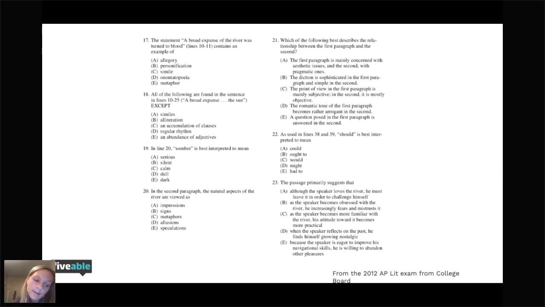And then 23 is a very vague question. These pop up a lot on the exam because it refers to the entire passage, which means you have to read the whole thing. It just talks about what the passage primarily suggests, and you really just have to get a grasp on the entire passage to answer this question.